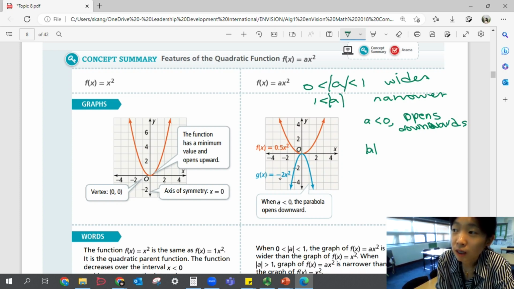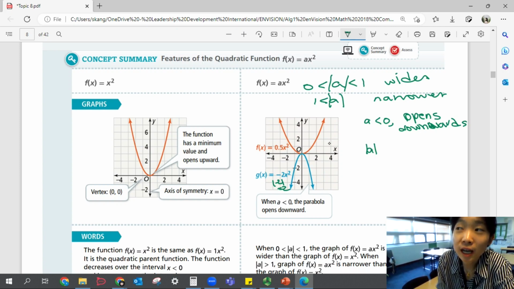So if you look at this, the magnitude of a, which is 2 here, that's greater than 1, so it's still getting narrower. But it's facing downwards because it's negative. Okay? When magnitude of a is between 0 and 1, then the graph is wider. Okay? That's how it visually looks.